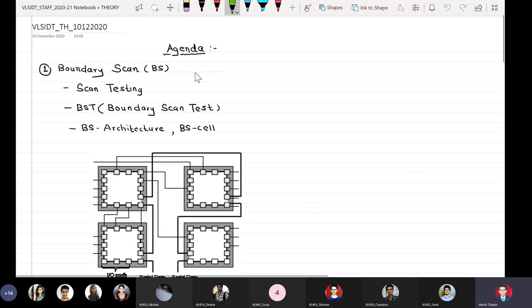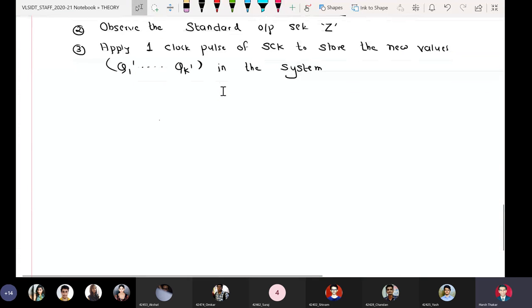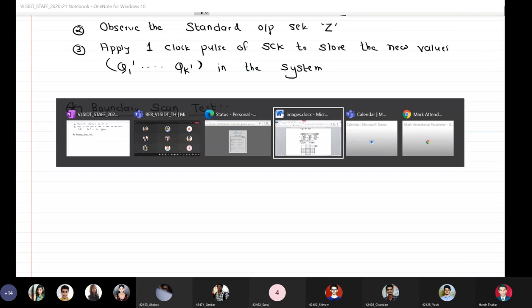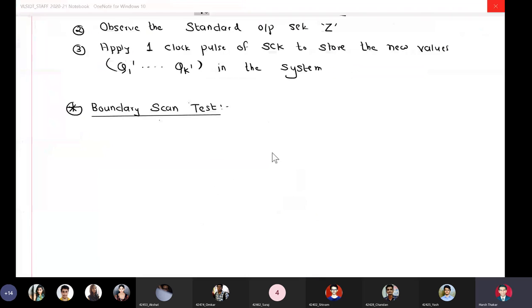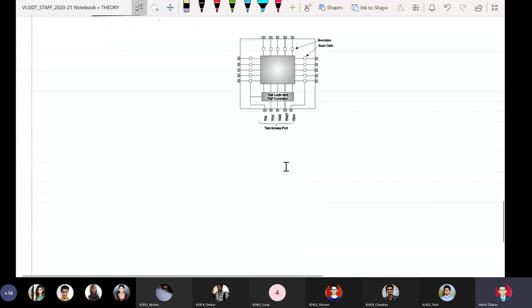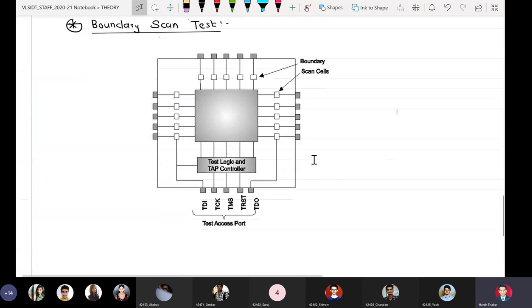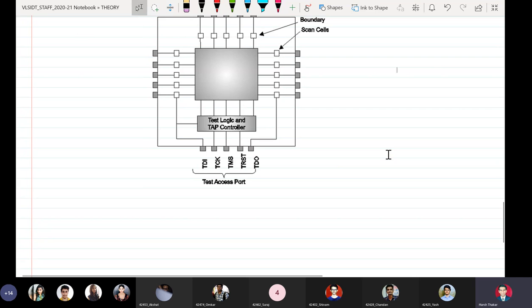Okay, so we covered scan testing, now the boundary scan test. Fine.